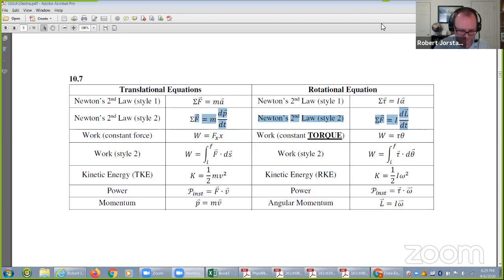No M. So yeah, and then there's no I on the moment of inertia one. So both of those are wrong. Basically, take out the M, take out the I, and this should be a torque. I will fix that up tonight after class here. Sorry about that. That's a screw up. All right.